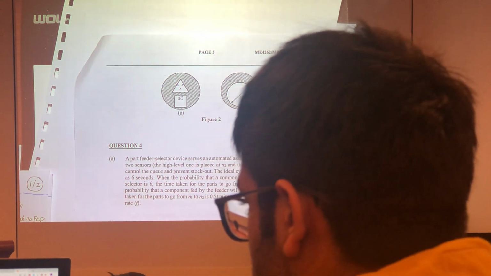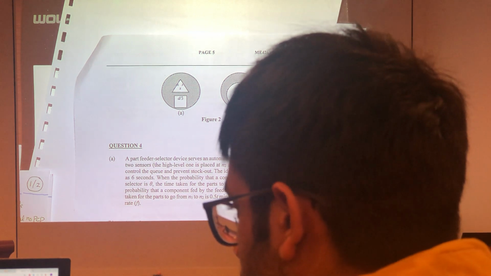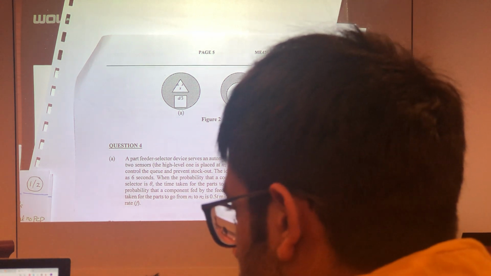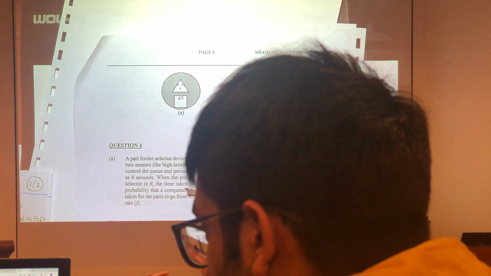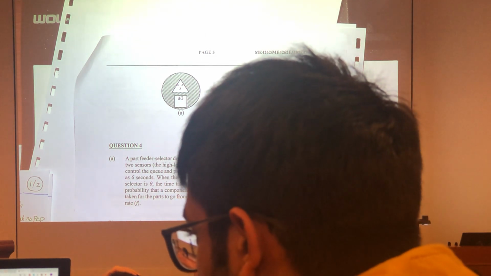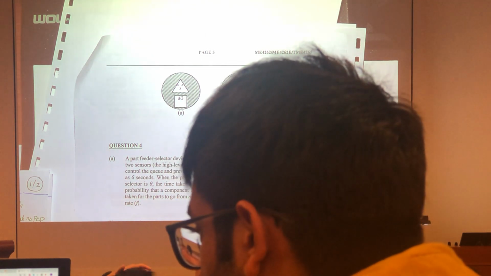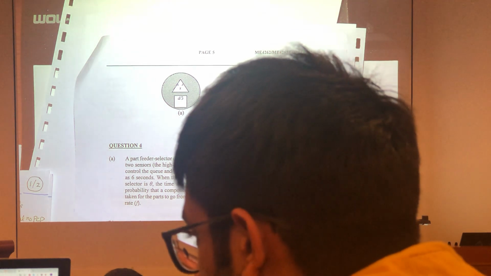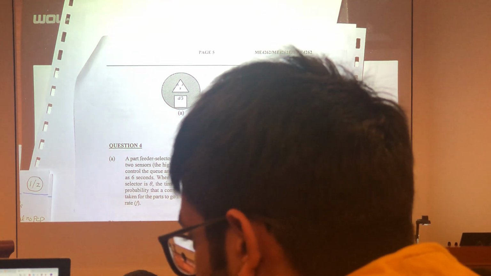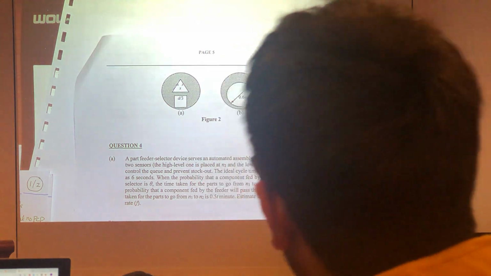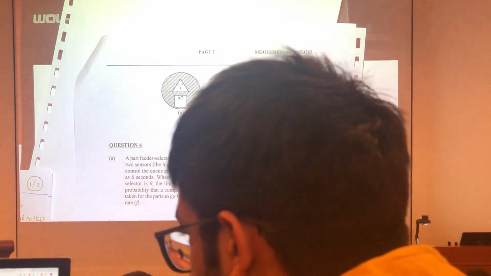The probability of a component fed by the feeder passing the selector is theta. Theta is not given. If it's theta, then the time taken for the parts to go from N1 to N2 is T minutes. So one equation can be established here.